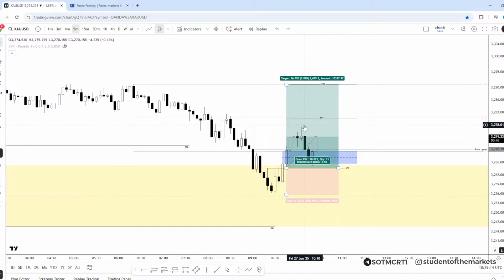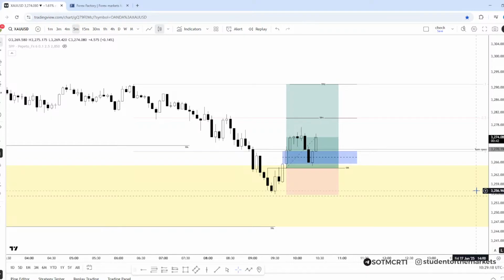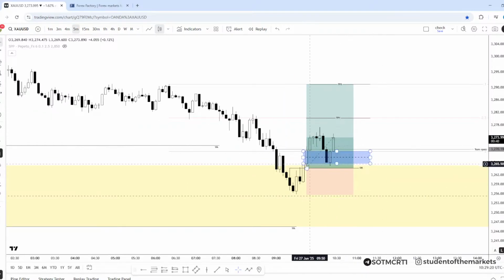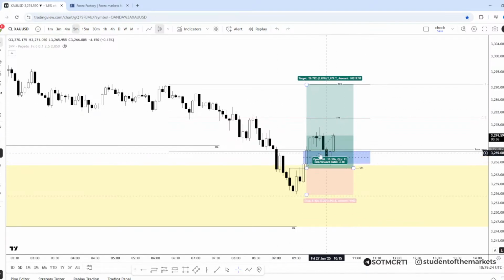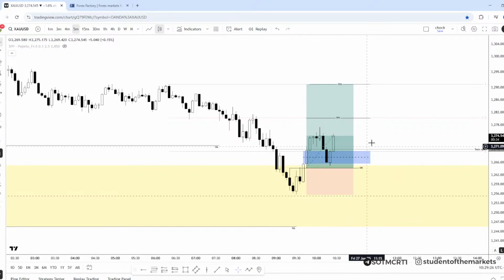And I don't know what you mean by it seems like the market is respecting your fair value gap instead. Well, yeah, because I'm expecting price to go up, so I'm expecting this fair value gap to be respected.